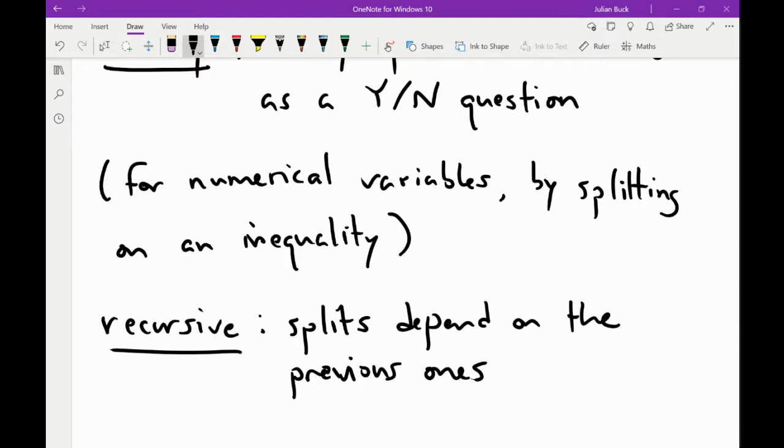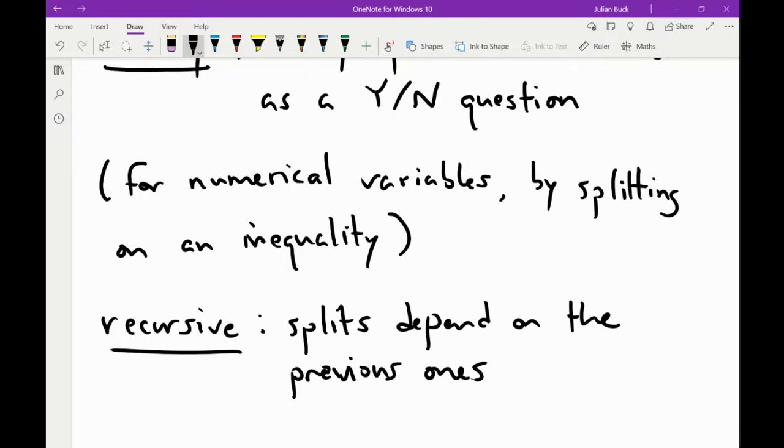After the first split, loyal customer, yes or no, the choice of variable for the next split depended on the answer. If the answer was no, the split was on last month's spending, greater or less than $100. If the answer to loyal customer is yes, it was on household income, greater or less than 150K. That's what we mean by the splits depending on the previous splits.